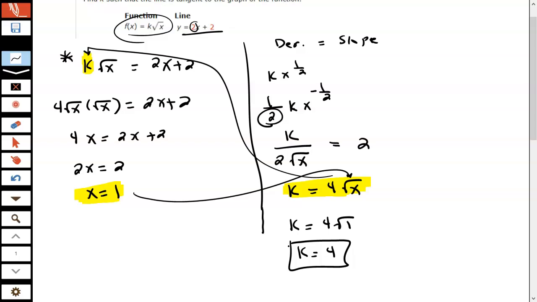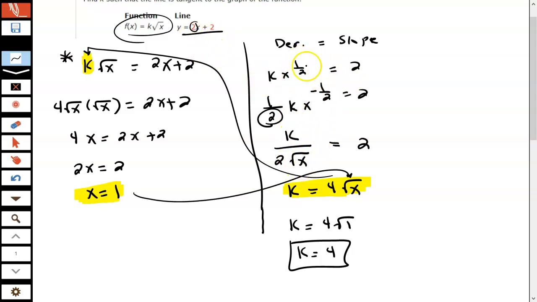Alrighty. That was kind of quick, but again, you know that the function and the line are equal at that particular point. That's how I would set those equal, and the derivative of the function and the slope of the line are also equal. So we know the slope of the line is 2.